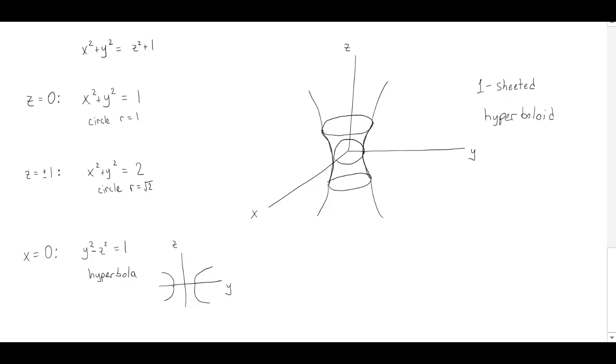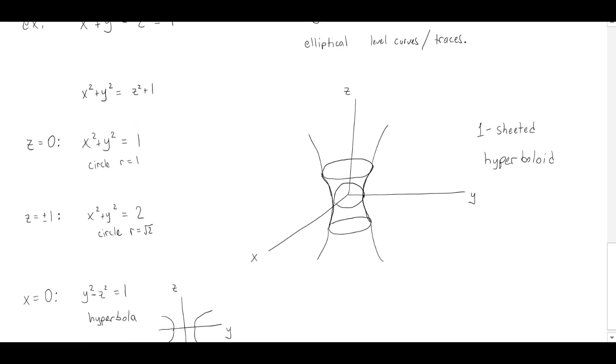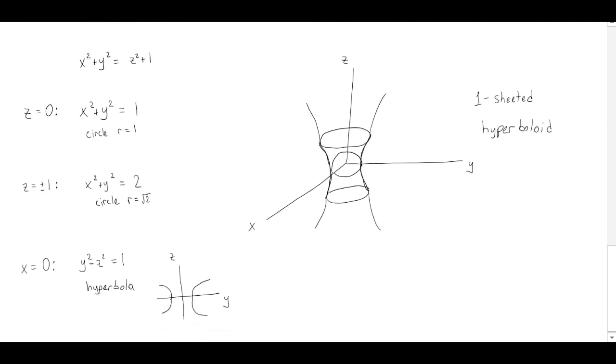Okay, let's do one more example. So this equation gave us that one-sheeted hyperboloid. Again, I'm going to take this equation and make a small modification to it. Well, maybe I'll do two modifications. So let's say instead of being equal to 1, I'm going to make it equal to -1.